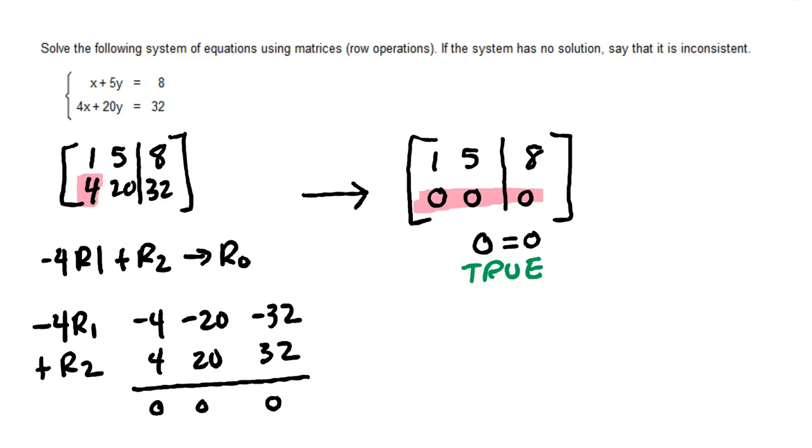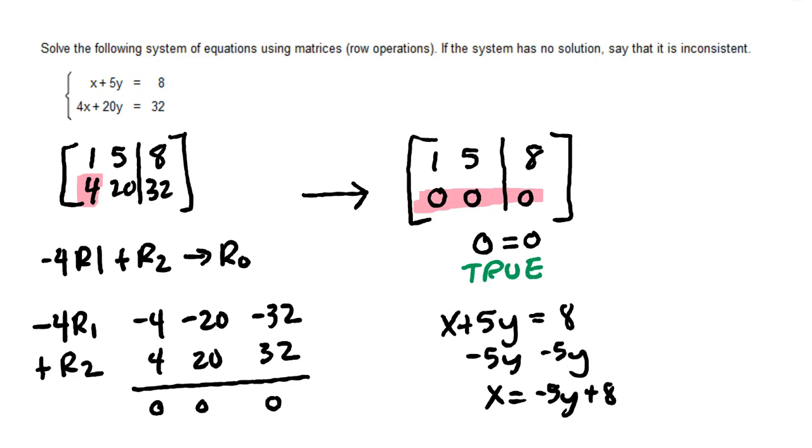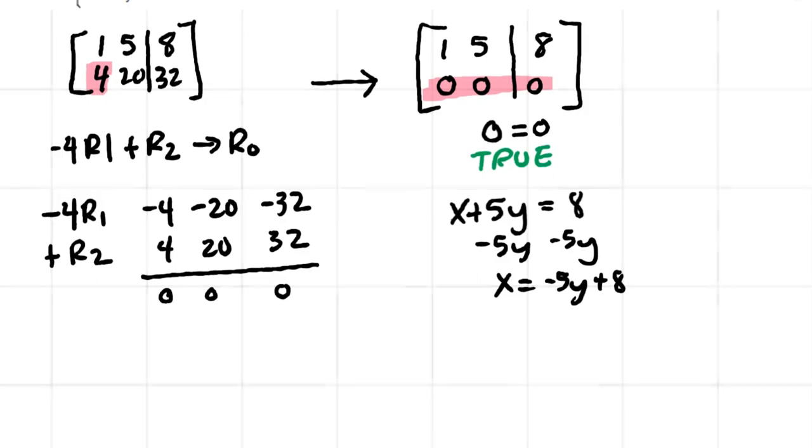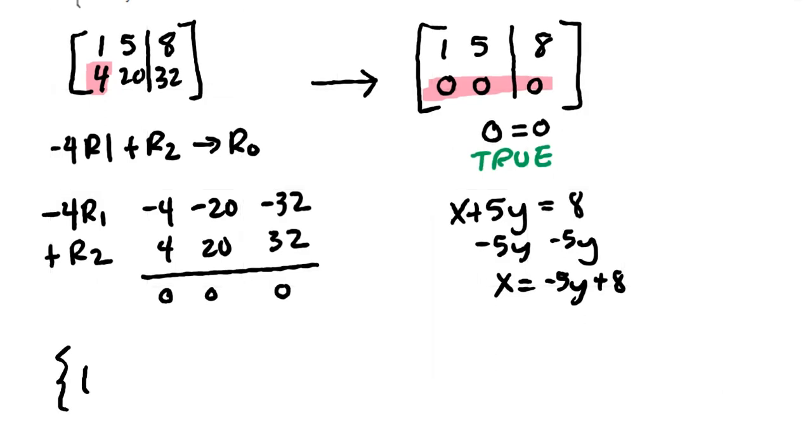So I'll use the first equation, x plus 5y, to see what those solutions look like. I can subtract 5y on both sides to get x equals negative 5y plus 8. So the solution to this system will be all ordered pairs, x, y, that are on the line x equals negative 5y plus 8.